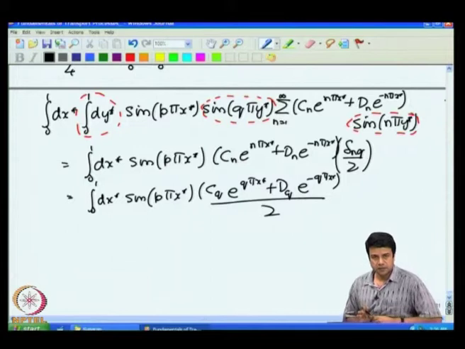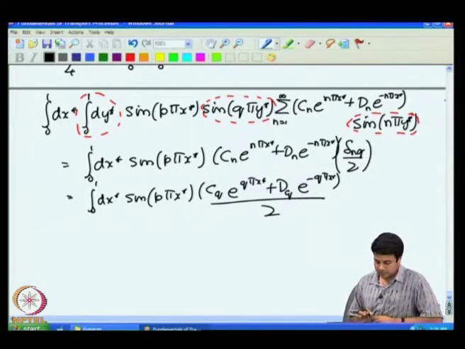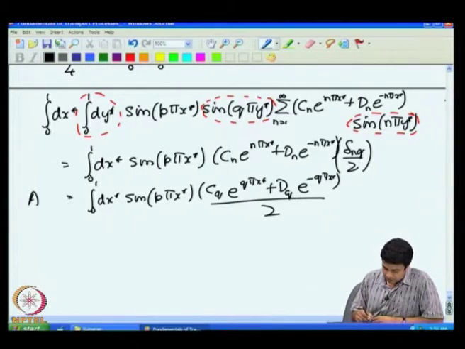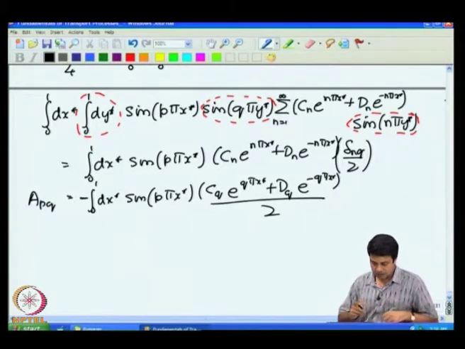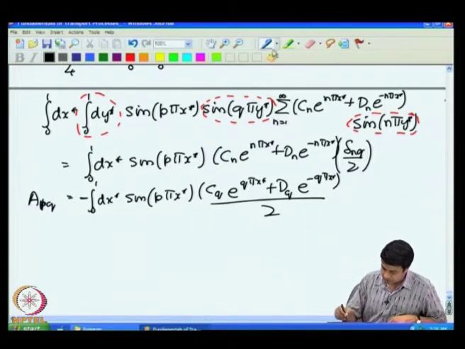So, I just need to carry out this integration in order to evaluate the actual value of the constants. Okay. So, this a p q is equal to minus of this. So, using this I can evaluate the value of each constant in that series.